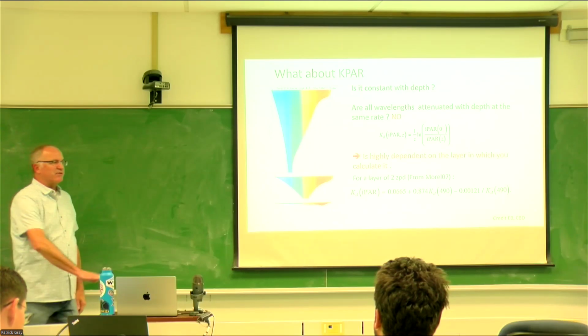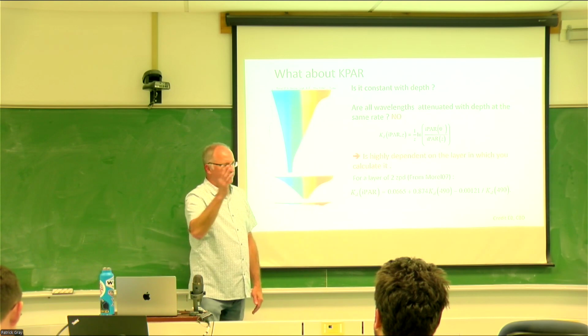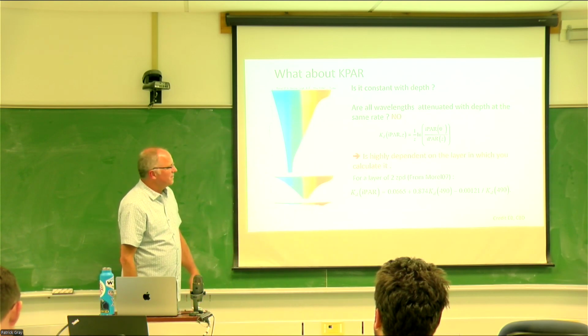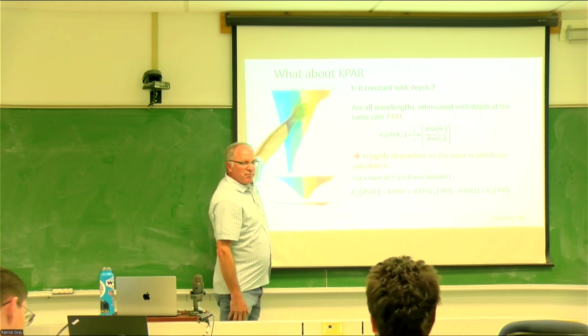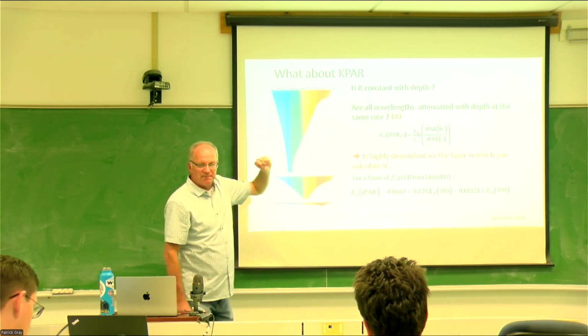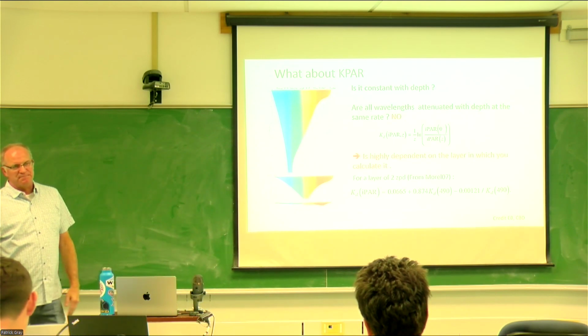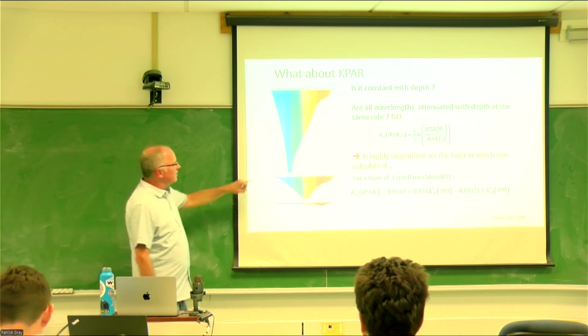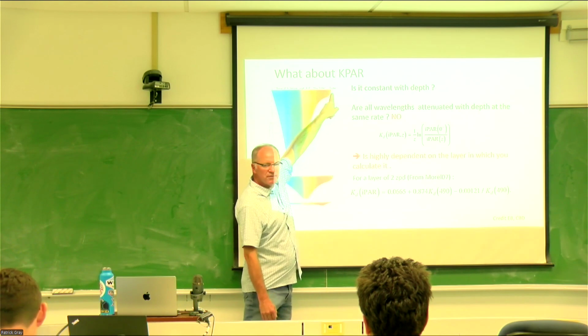The visible spectrum absorption impacts the irradiance distribution. So if I took a K-PAR here, and a K-PAR here, they're going to be very different, because I'm integrating over the spectral domain. And I may not have any more red light down here, where up here at the surface I had red light.